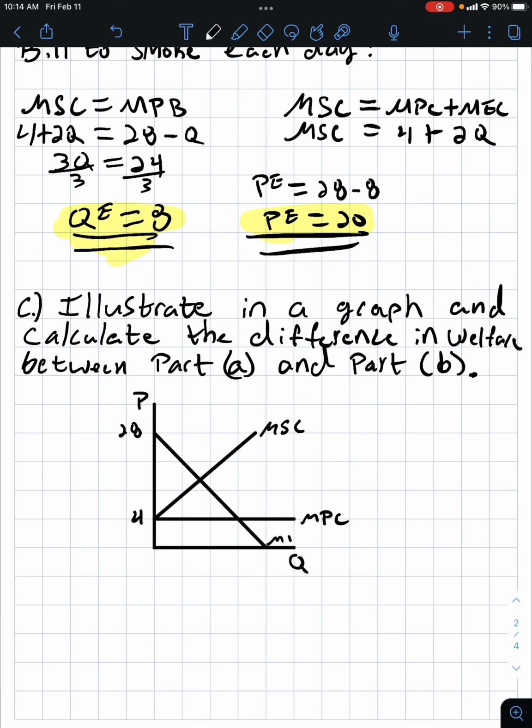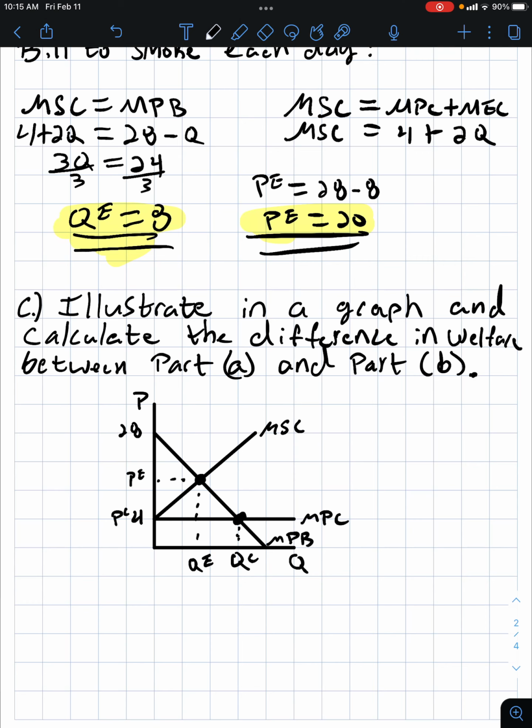So where marginal private benefit and marginal private cost intersect, this will be our competitive equilibrium, QC, and that's PC at 4. And where the marginal social cost and marginal private benefit intersect, this would be the efficient equilibrium.